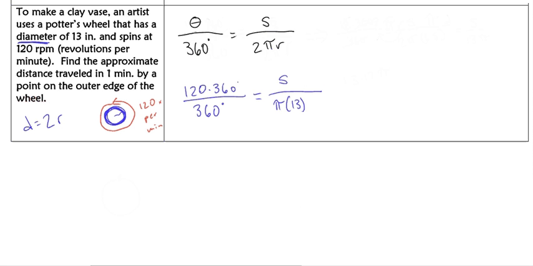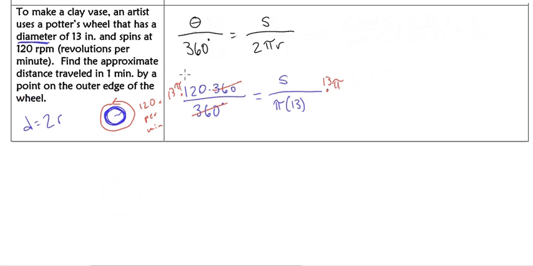All right, let's go ahead and simplify this out. 360 degrees divided by 360 degrees leaves us with 1. And we end up with 120 equals the length that we're looking for, all the distance around, divided by pi times 13. So multiply both sides by pi, 13 pi.